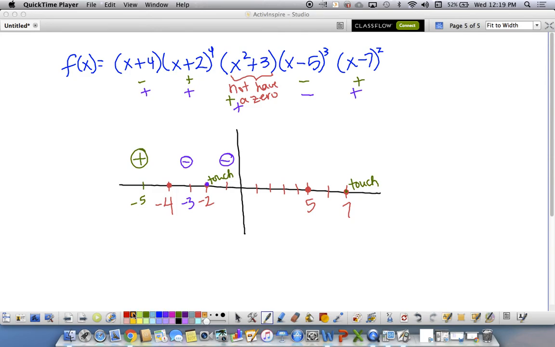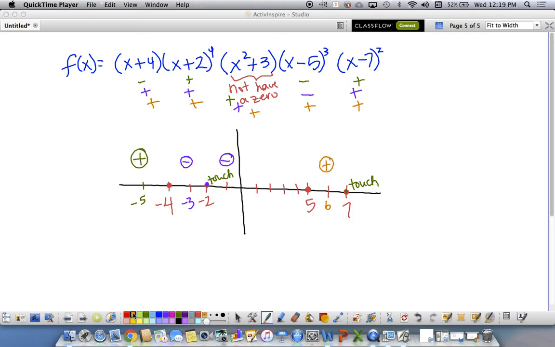So here we go. I'm going to go ahead and skip. We'll see if it changes in this one. I'm going to plug in a 6. So 6 plus 4, going to be positive, positive, positive. 6 minus 5 is 1. 1 cubed is positive. 6 minus 7 doesn't matter. Negative squared is going to be a positive. So all of those will be positive.